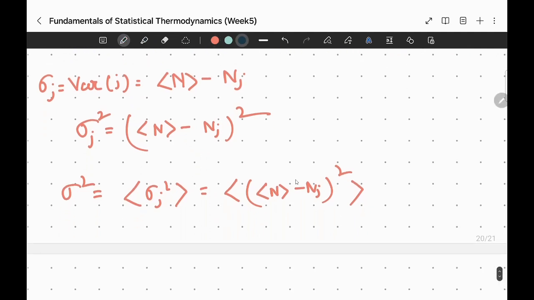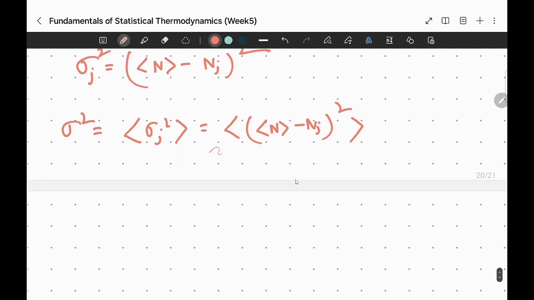Look at this sigma j square part. If you take the average of sigma j square, what should it be? Instead of sigma j square, I put this value. Is it difficult? It should not be. It's just a mathematical part. It was in class 12, I guess.